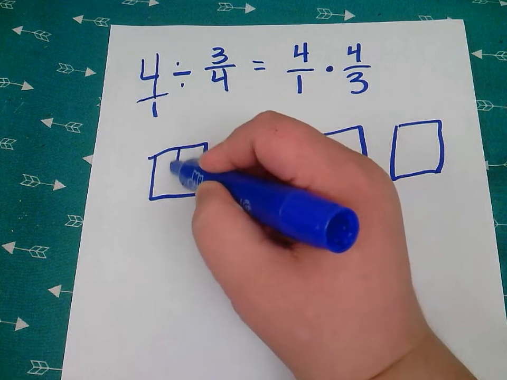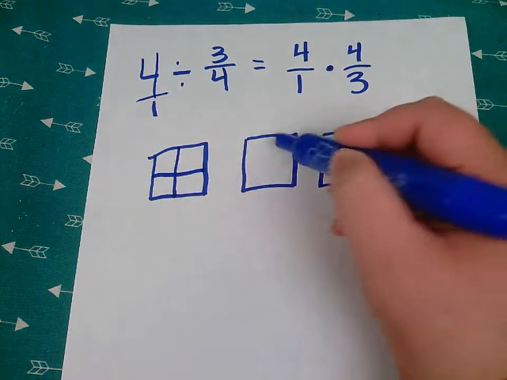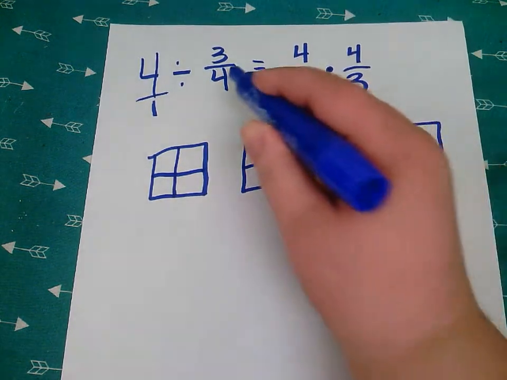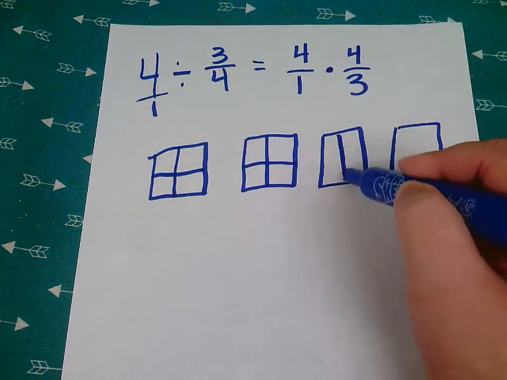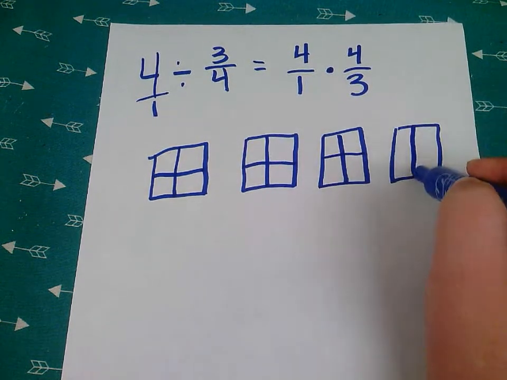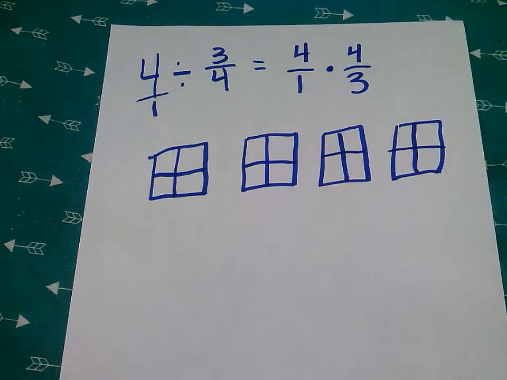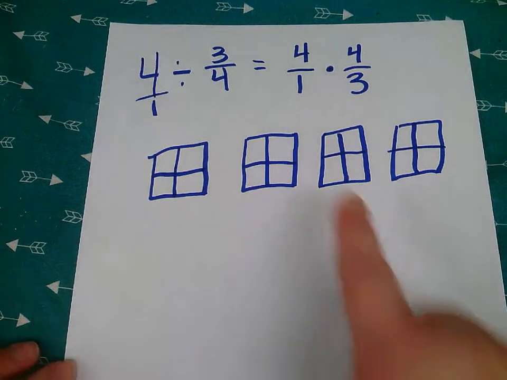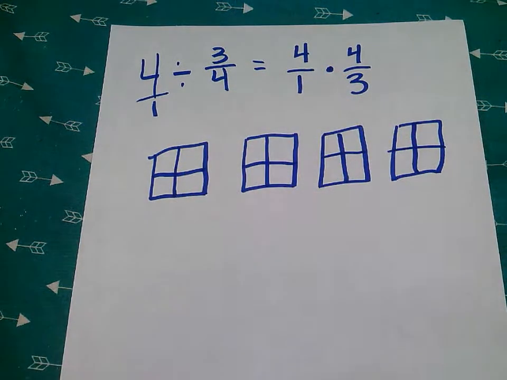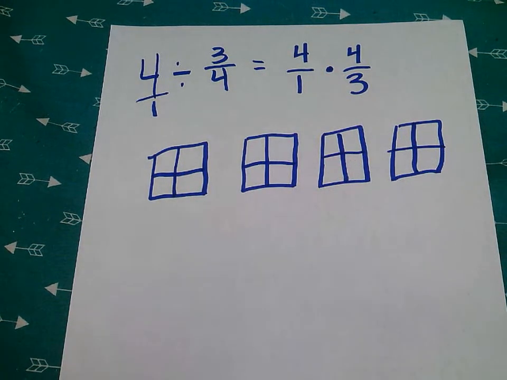So I'm going to break up each one into fourths because that's what they want us to break it up into. Then I need to see how many groups of 3/4 do I have.